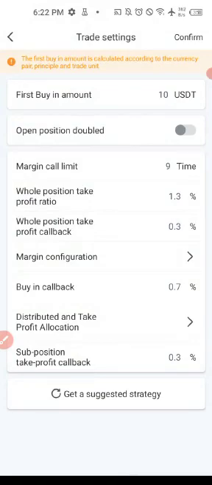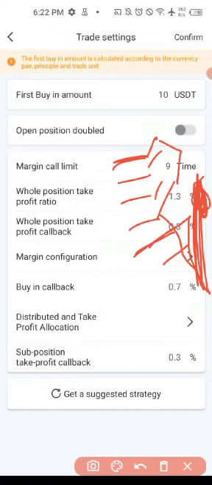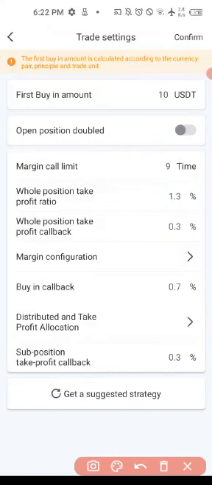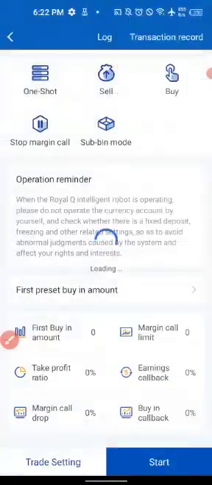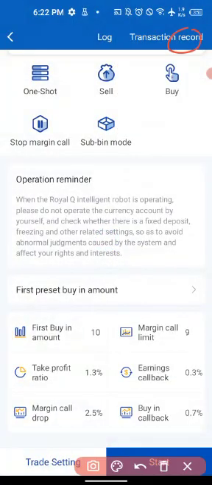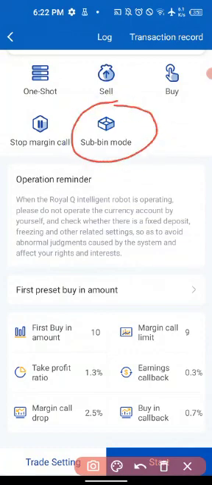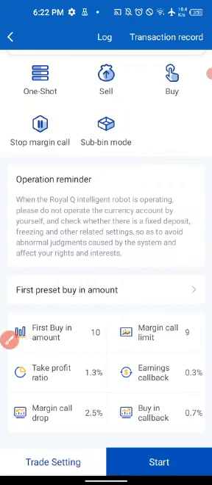So I will click on this main confirm here, to confirm all my settings up here. After clicking on confirm, to let the bot know I want to use this new feature, the feature of those different profit ratios I explained for the 5th to 10th margin calls, I'll click on this sub bin mode for the bot to be aware that yes, I want to use this new method.